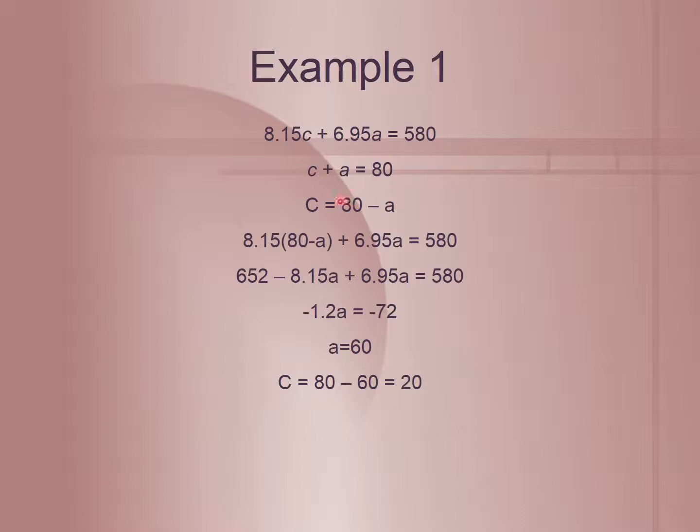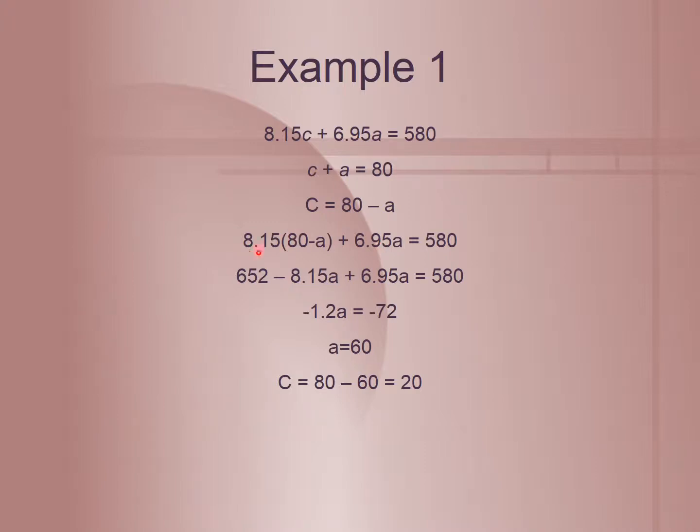Now I'm going to plug that back into my first equation. This is called substitution, when I replace something with what it's equal to. So instead of writing C, I'm going to write 80 minus A: 8.15 times (80 minus A) plus 6.95A equals 580.